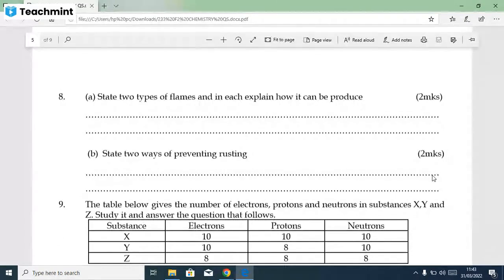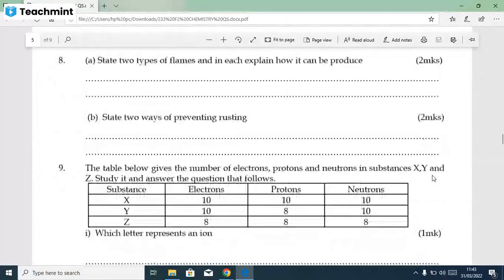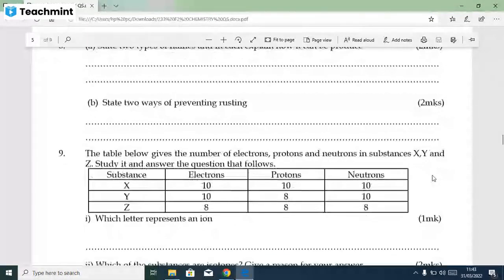Luminous is obtained by opening the air hole, while non-luminous is obtained by closing the air hole. Very correct. Okay, part B.